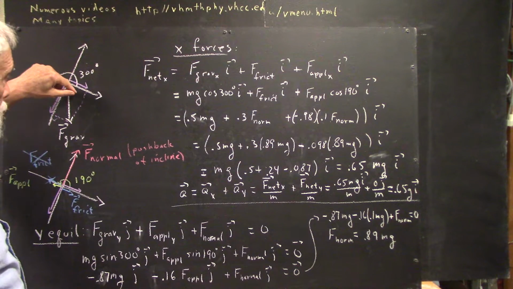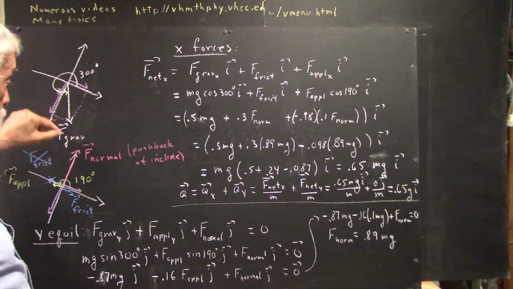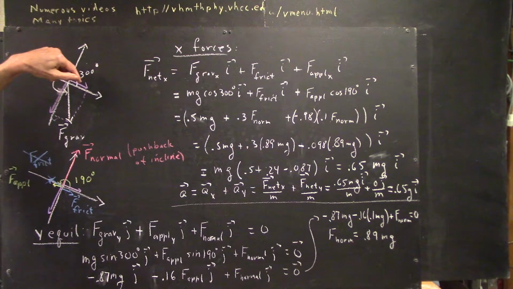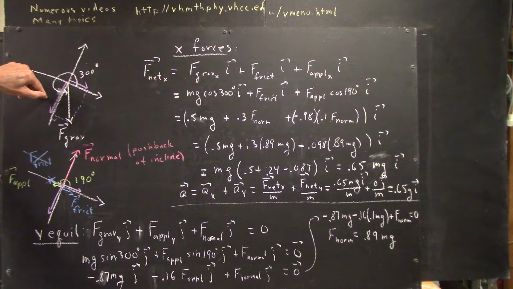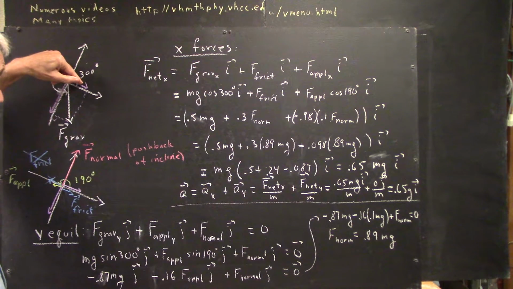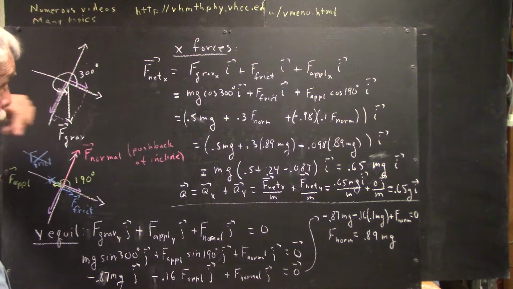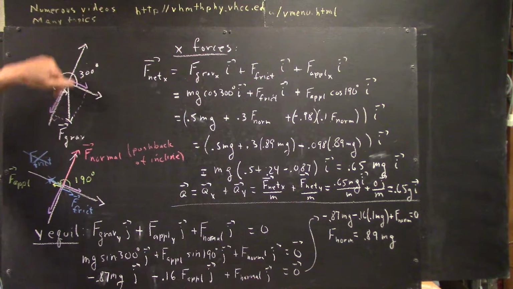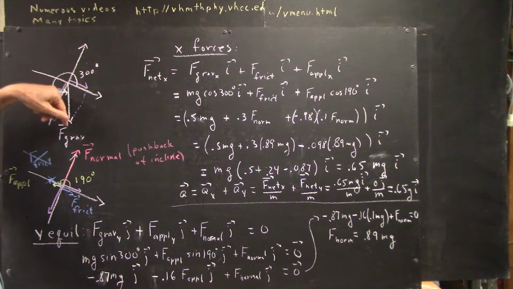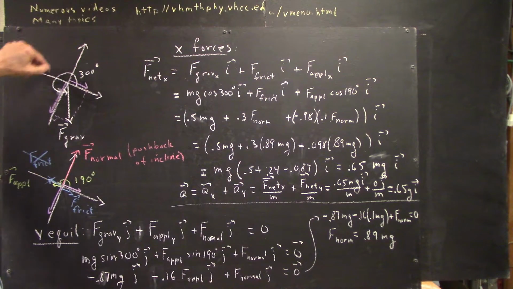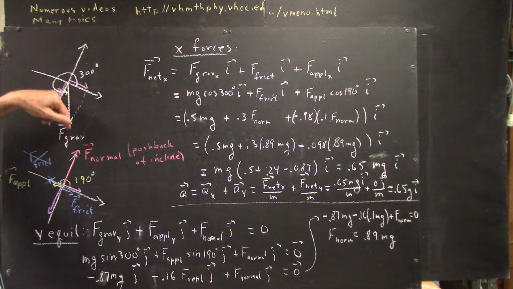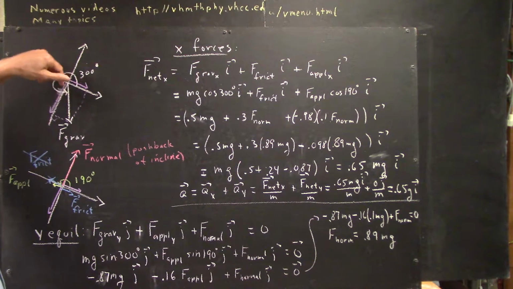That is, from the positive x-axis, you go counterclockwise 300 degrees, you get to the gravitational force vector, and then you know that the components of your gravitational force vector are going to be the gravitational force times the cosine of 300 degrees, which gives you this x component, and gravitational force times the sine of this angle gives you the y component.